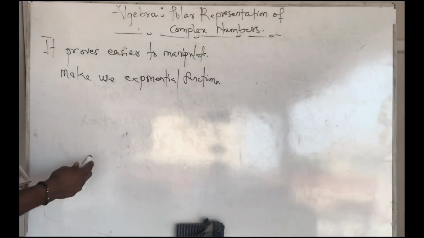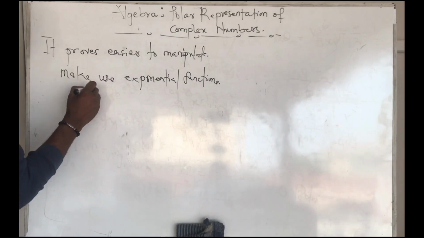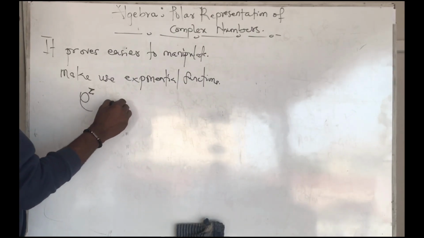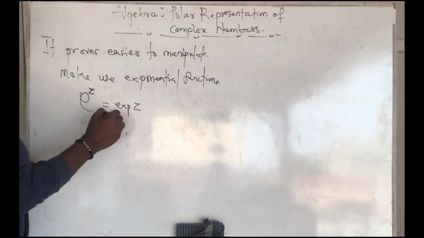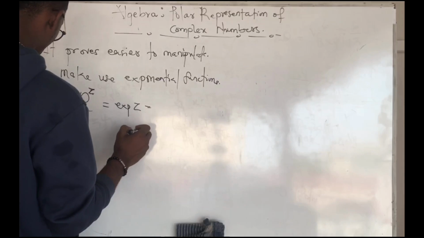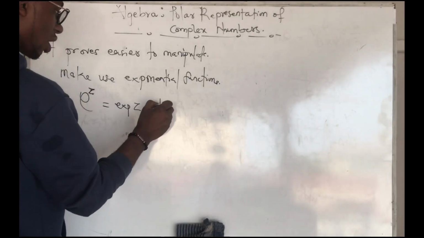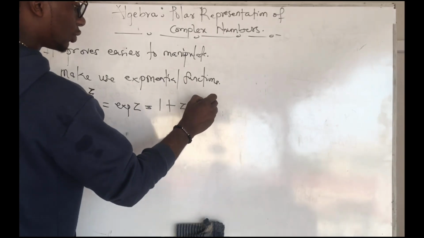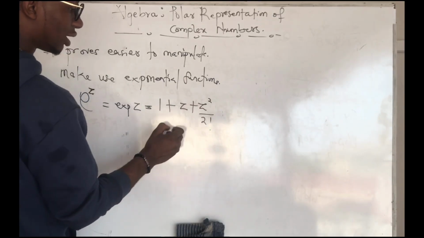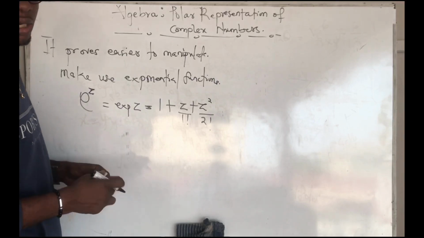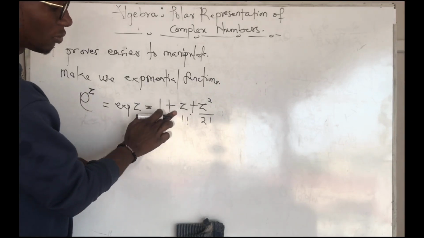So for example, if we have the exponent of z, which in some books you see as exponent z, that is, we have e to the z, then we can say the exponent of z is 1 plus z plus z squared, all divided by 2 factorial. So this z is divided by 1 factorial, and we know that 1 factorial is 1, and any number divided by 1 is the same number.